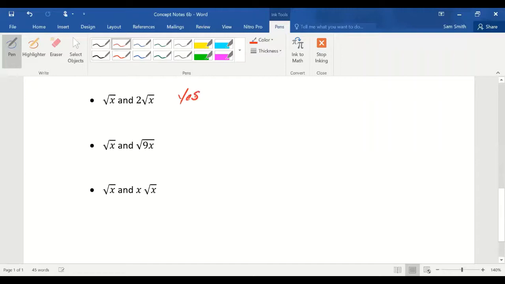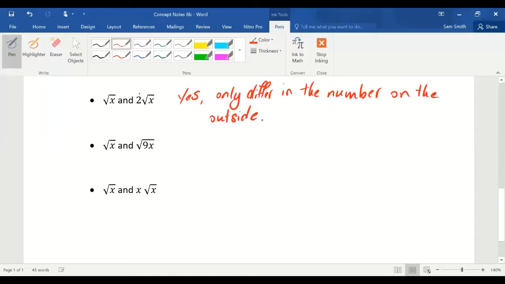I would say yes, these two terms only differ in the number on the outside. Their indices are exactly the same. They're both square roots. Their radicands are exactly the same. They're both roots of x. And on the outside, they both have just numbers, root x and 2 root x.